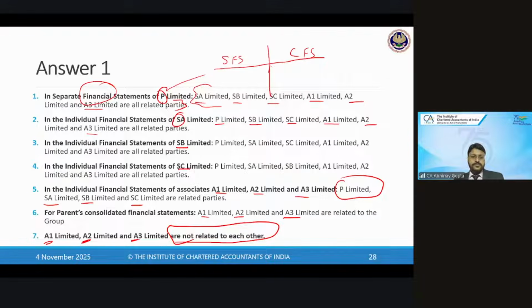But in the consolidated, all the subsidiaries will be consolidated and all the transactions eliminated. Because subsidiaries are consolidated, there is no further transaction with the subsidiaries, as this is now one legal entity. Then the only related parties left over are the associates for the parent P. So A1, A2 and A3 are the related parties in the group. Clear?